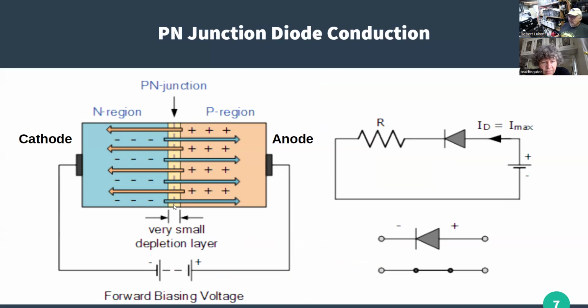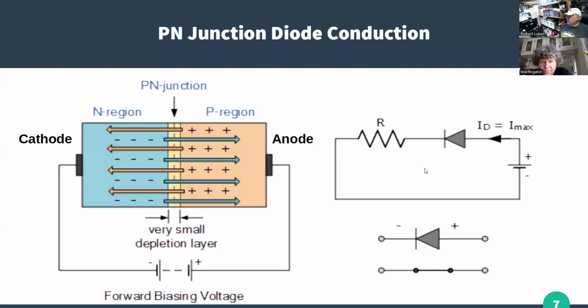And in this case, it has a very small depletion layer. We'll talk about depletion layer a little more, I think, on transistors and some of the other types of diodes.